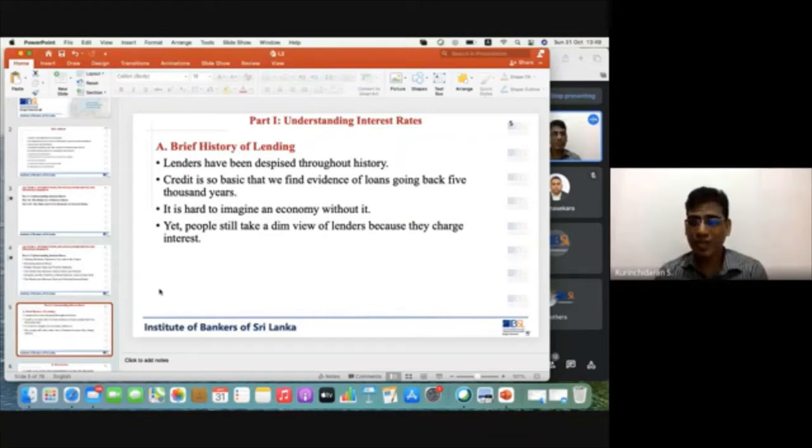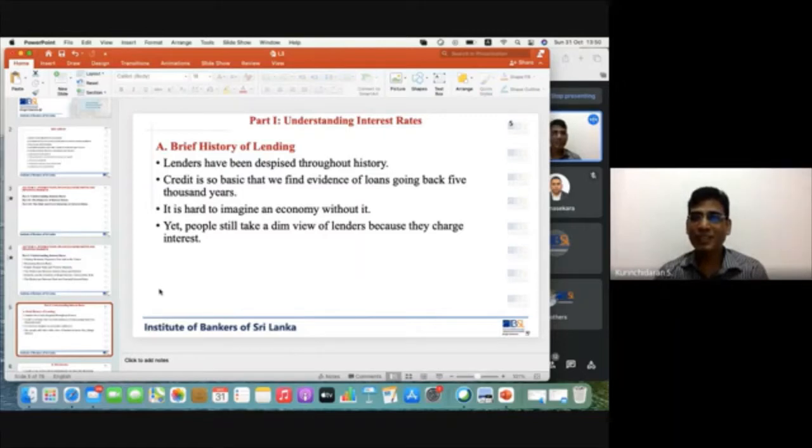So capital is one of the limited resources. Without lending, you cannot see any economy in this world, even at the individual level, where you have to manage your finances with the availability of credit. Even from an individual perspective, if you borrow from a person who charges a minimum interest rate, we are going to say, this guy is charging interest, he's a bad guy, right?